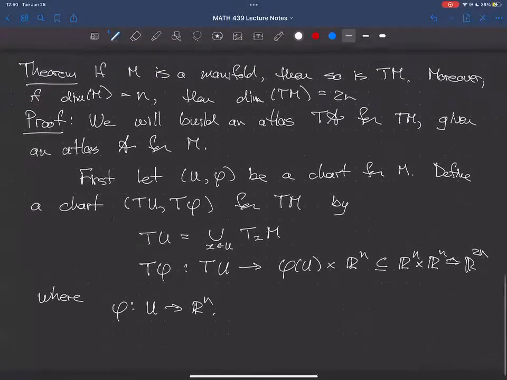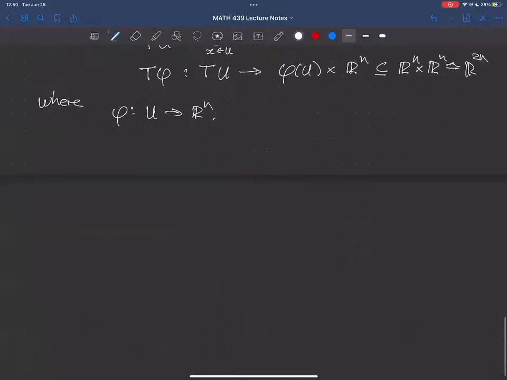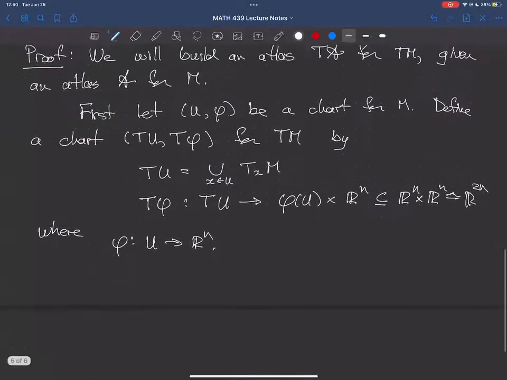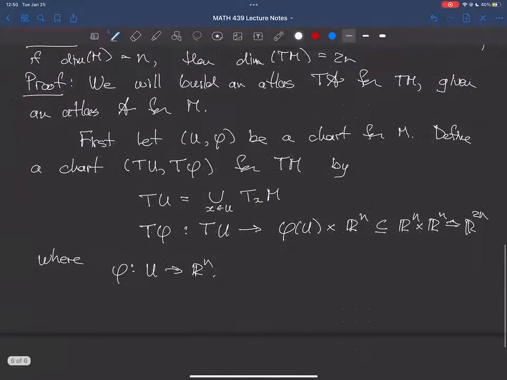So n is the dimension of the Euclidean space in which phi takes its values. Okay, and so you can see here that if your manifold is n-dimensional, then the tangent bundle is going to be 2n-dimensional. Okay, so I need to tell you what T phi is.